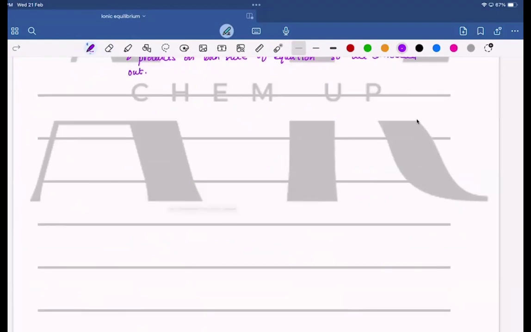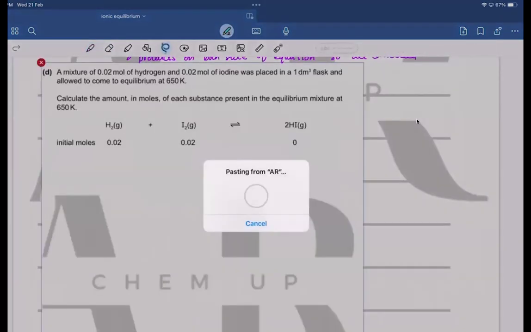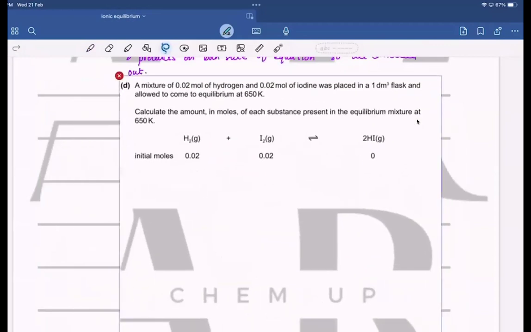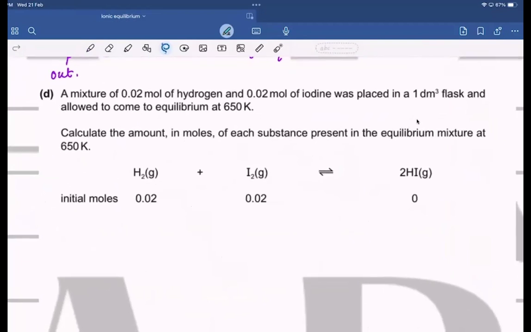Now, have a look at this kind of a reaction. If you see in this reaction, a mixture of 0.02 mole of hydrogen and 0.02 mole of iodine was placed in 1 decimeter cube of flask and allowed to come to equilibrium at 650 Kelvin. So it's allowed to come to the equilibrium.